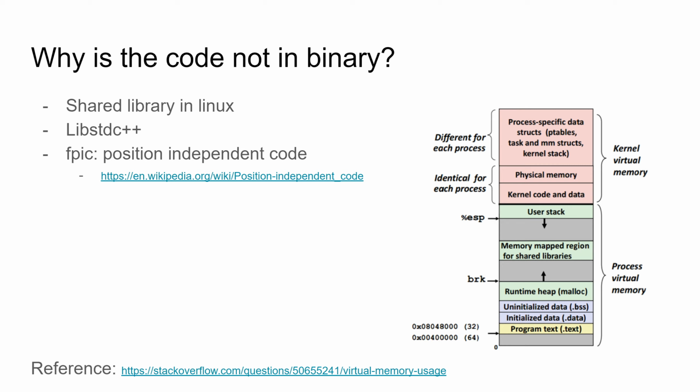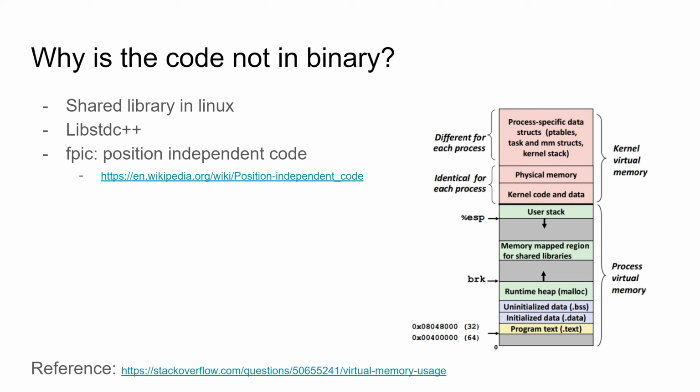So what would actually happen is you would have a bunch of memory mapped to shared libraries, and when you run a program, the operating system will try to make sure that the memory mapped region for shared libraries contains the library code that you're referencing. Then when you run the program, it will try to map the function calls you previously referenced to the code in shared memory.